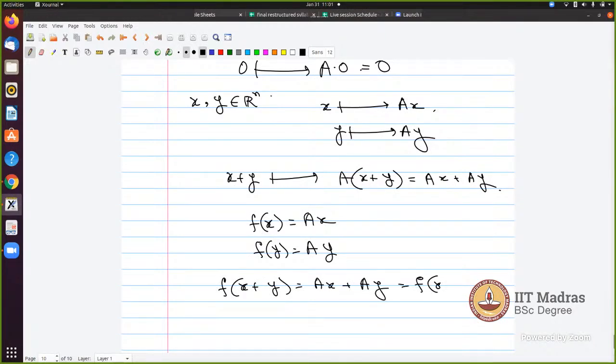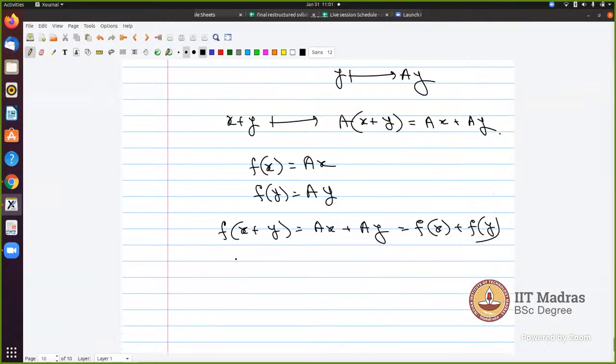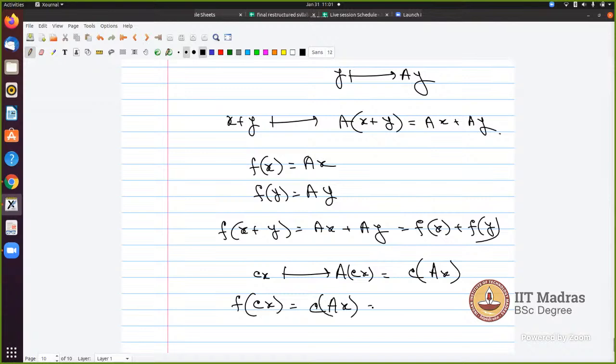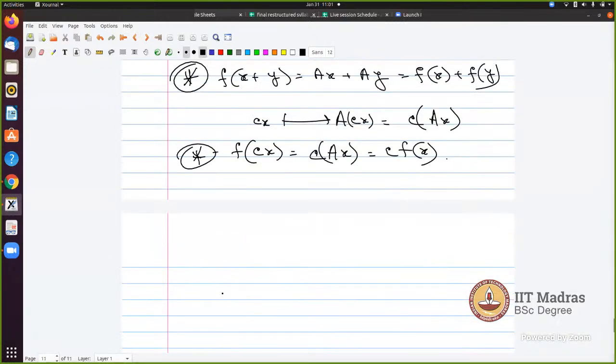That means f of x plus f of y. And what about scalar multiplication cx? A of cx is c of Ax. That means f of cx is c of Ax, that is c of f of x. So this is one thing, and this is another which we got, and that gives us the idea of what a linear transformation is.